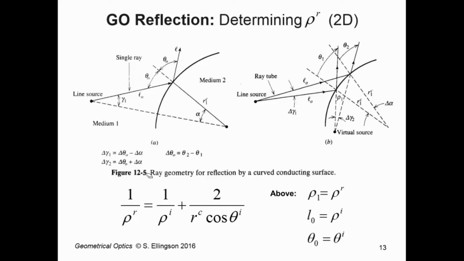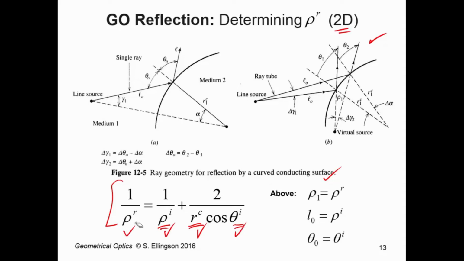Now to get the wavefront curvature, here is the two-dimensional case. This is a diagram from your textbook. Unfortunately, the textbook uses slightly different notation than I use, so I've come up with a little table here where you can convert. In my notation, here is the bottom line. You can get the reflected wavefront curvature from the incident wavefront curvature, and the radius of curvature at the point of reflection, and the angle of incidence.